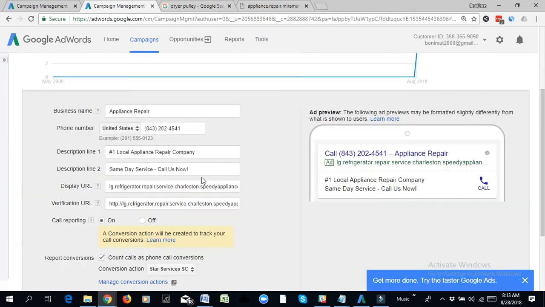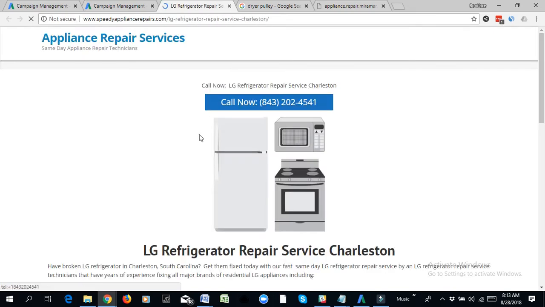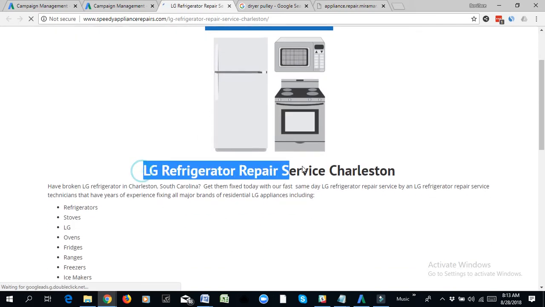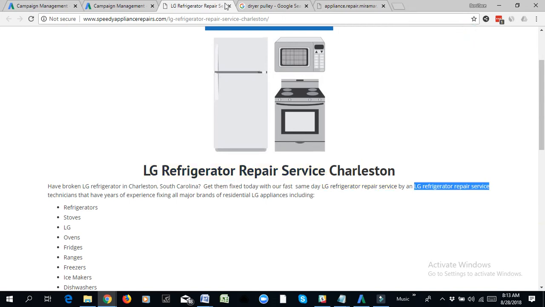That way we can be sure the page is well optimized, because if it's not, we are going to get a low quality score, and that is going to increase our cost as well. So making sure we have keyword optimization on the page also helps us lower the costs involved. This one we have as much as 11 times, so that's good enough. So that page is optimized.